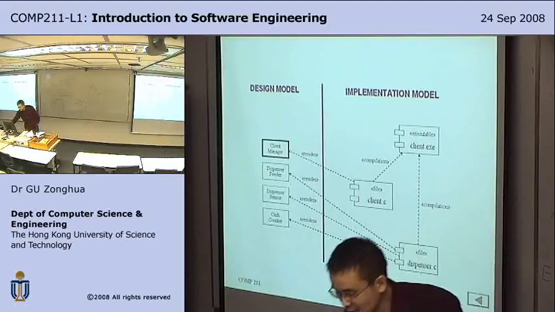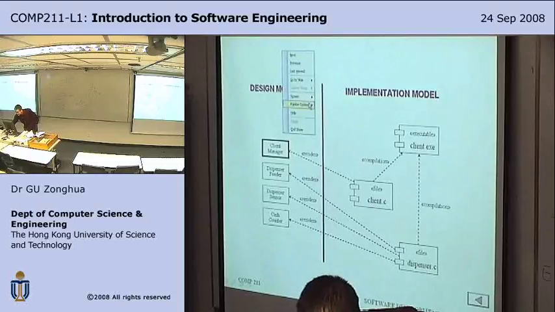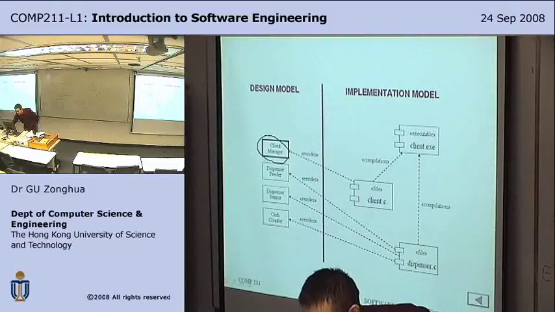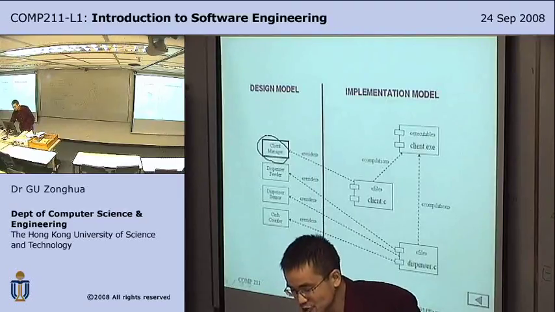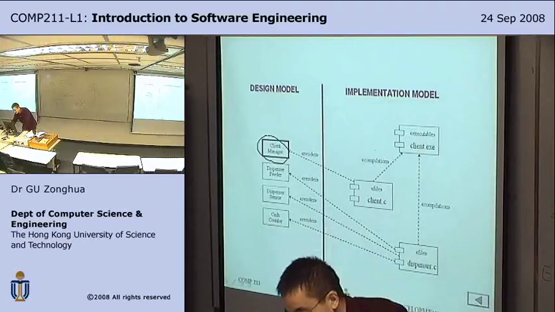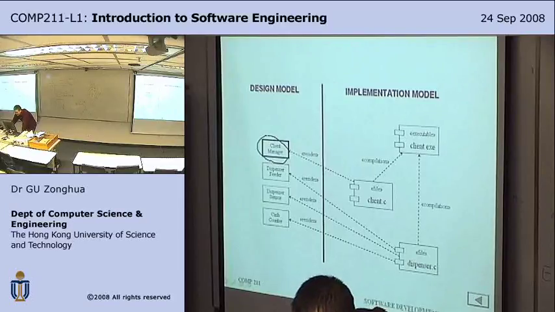Each of these design model classes came from the design model: client, manager, dispenser, feeder, etc. And you actually implement it into C. Suppose the implementation language is C. Then client.c is a file, and this class resides in the client.c file. And these three classes reside in the dispenser.c file.